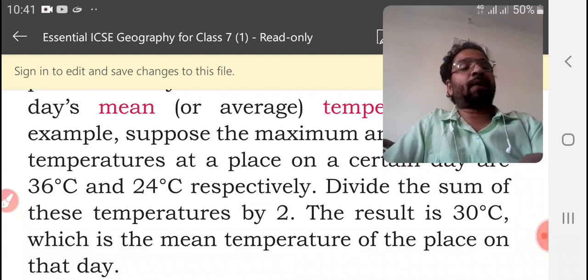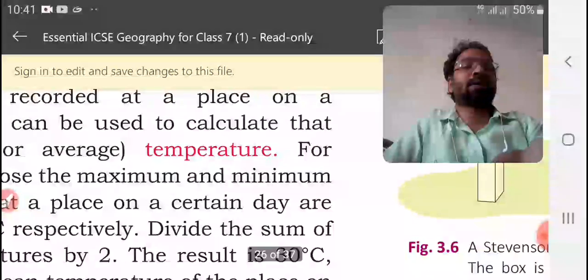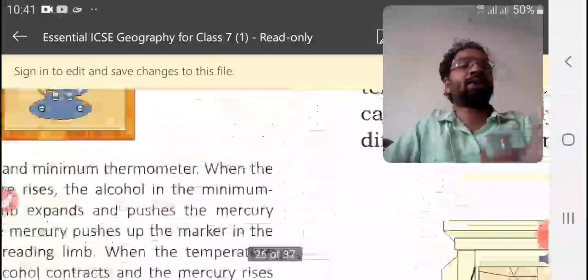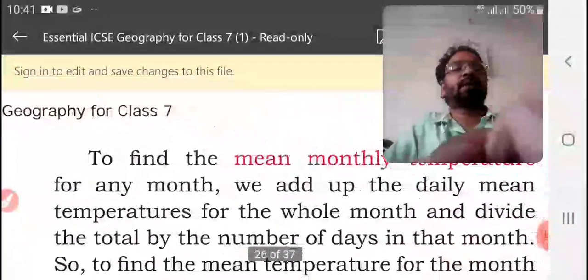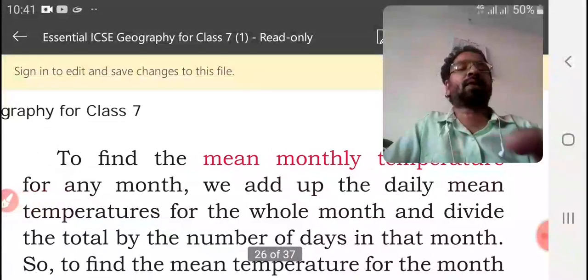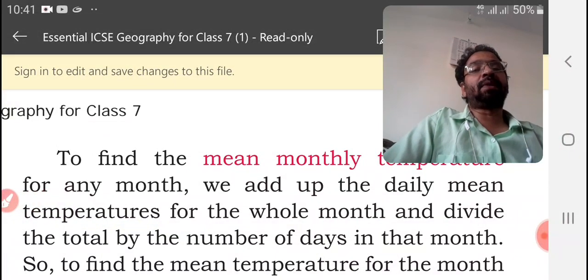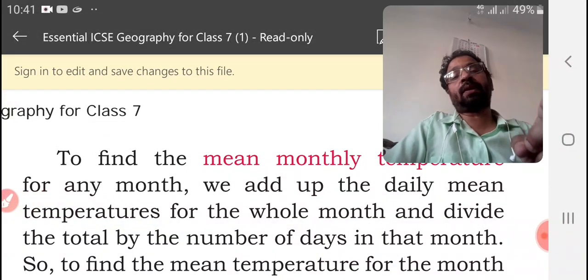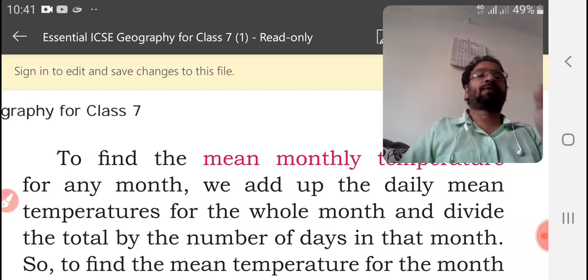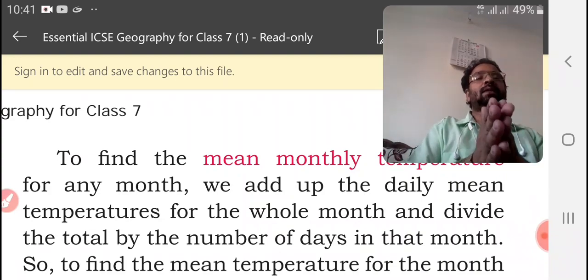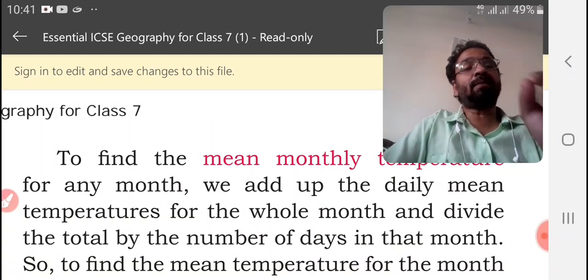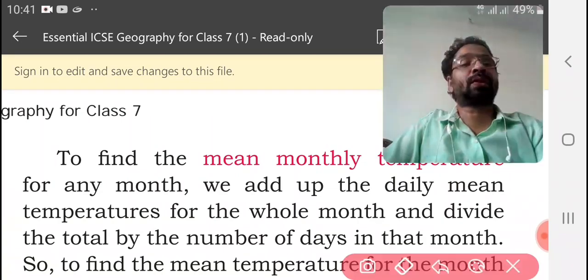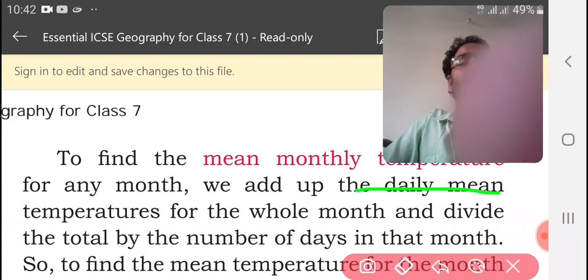Now to find the monthly temperature, we need another temperature. How is it found? To find the mean monthly temperature for any month, we add up the daily mean temperatures. Here don't add the complete highs and lows. Find each and every day's mean temperature and use the daily mean temperature.